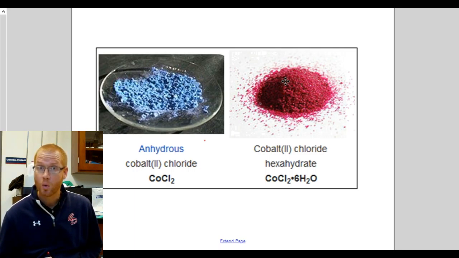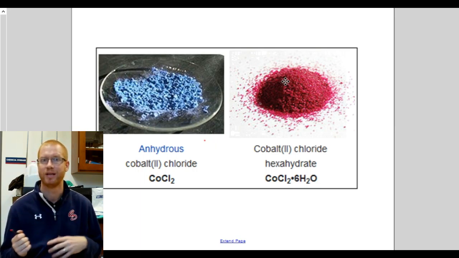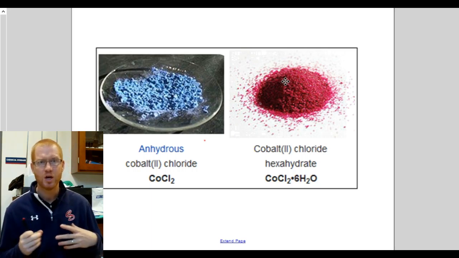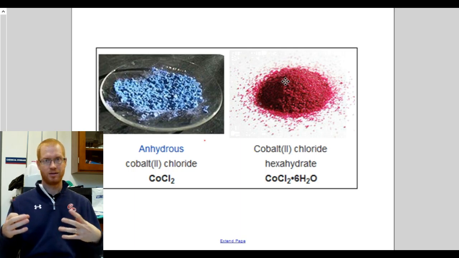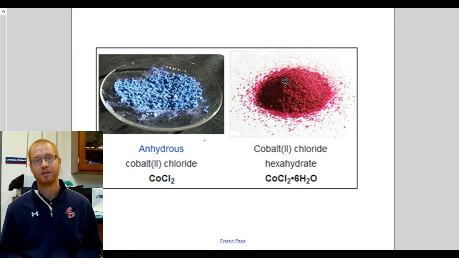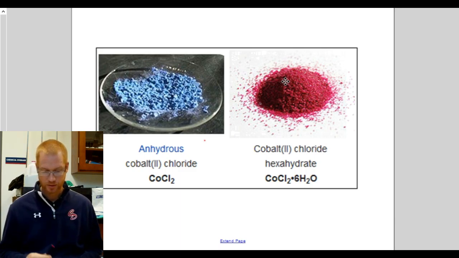And what do we know when there is a very significant color change like that? Well, there's something chemically different. It's not just a physical change at that point. There's something chemically happening that causes that color to change. That's one way that we know that the water of hydration is part of the chemical formula. You have changed the chemical formula of that compound.